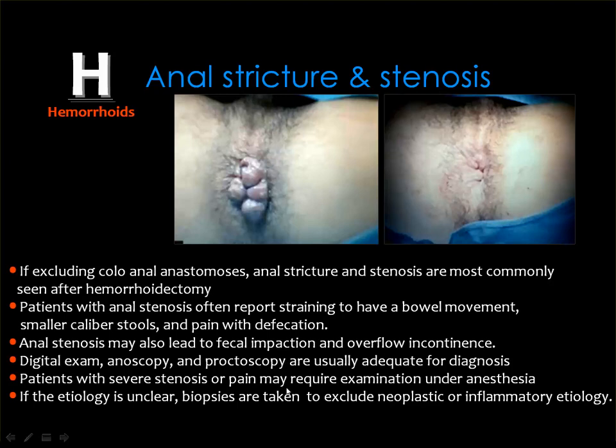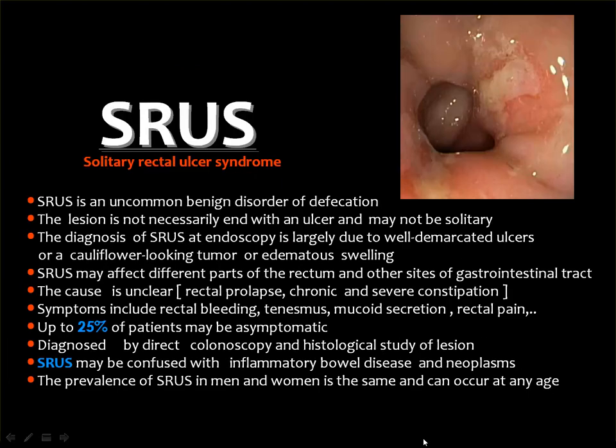But in cases of tight stenosis and severe pain, you may need examination under general anesthesia. And finally, we came to what is known as solitary rectal ulcer syndrome. This is an uncommon benign disorder of defecation, and it is not necessarily an ulcer and may not be solitary.